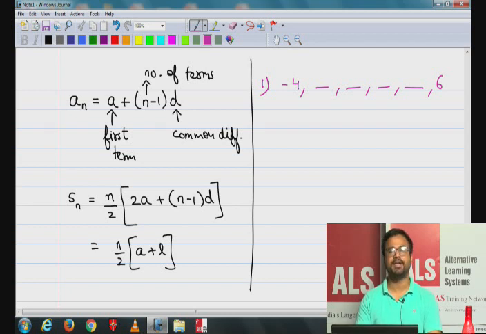What are the answers you are getting for this one? It's a very basic question of that AP.